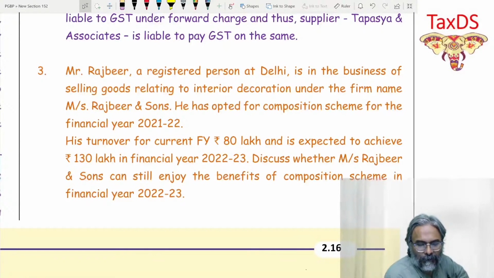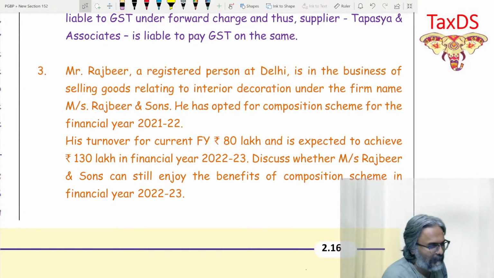He has opted for the composition scheme for the financial year 21-22. So you will come to know this is the last year. His turnover in the current financial year is rupees 80 lakhs. It is expected to achieve rupees 130 lakhs in the next financial year.